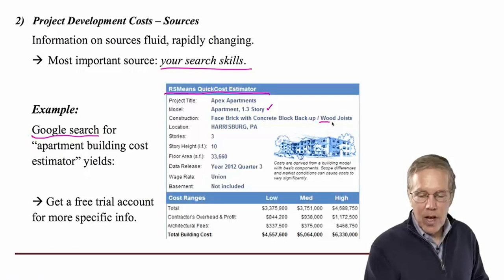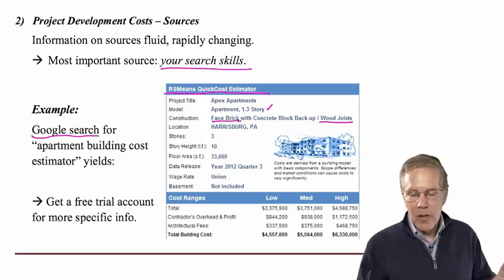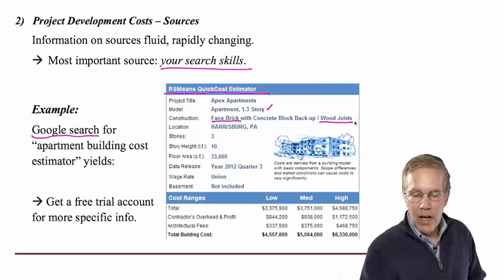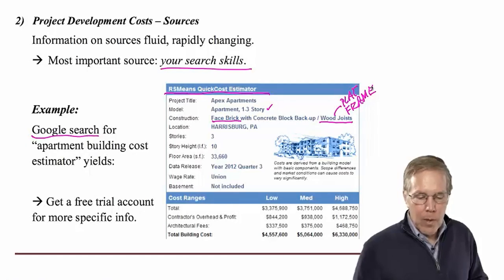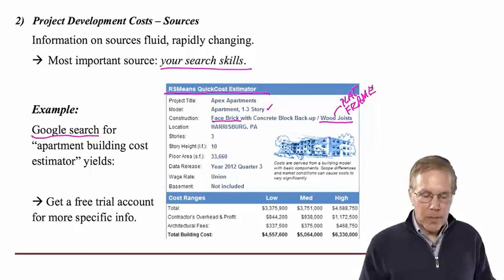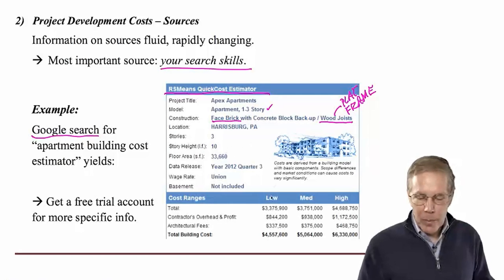If you tell it the type of building that you want, I'm not sure I want face brick, but nonetheless, they're talking about stick-built construction here, which we call platform frame. Platform frame construction. And we give it as much information as we can.